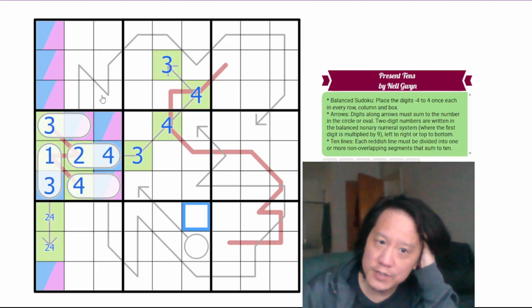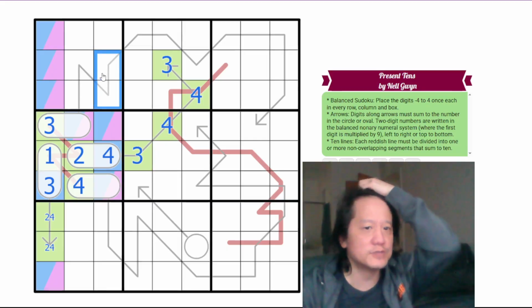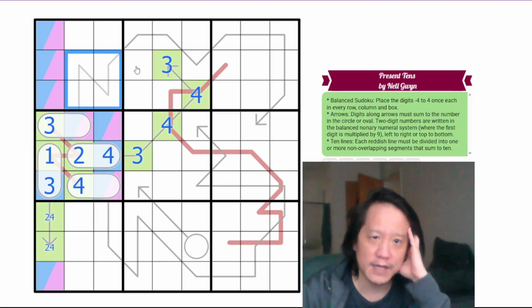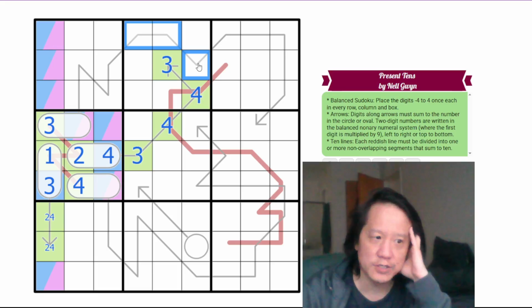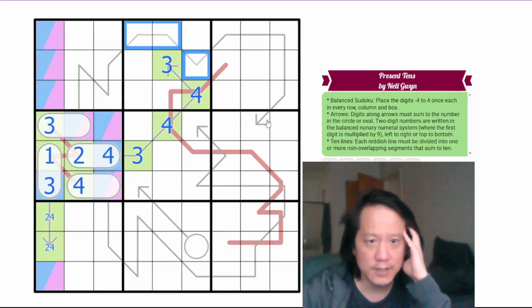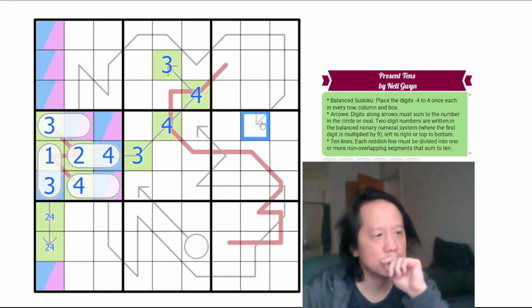Oh, that's interesting. This is 1, 2, 3, 4. Okay, so this is 1, 2, 3, 4 at most. That's 10. 1, 2 at most here. 4, 1, 2, 3, 4 at most here. 23. And then this is 1 or 2.